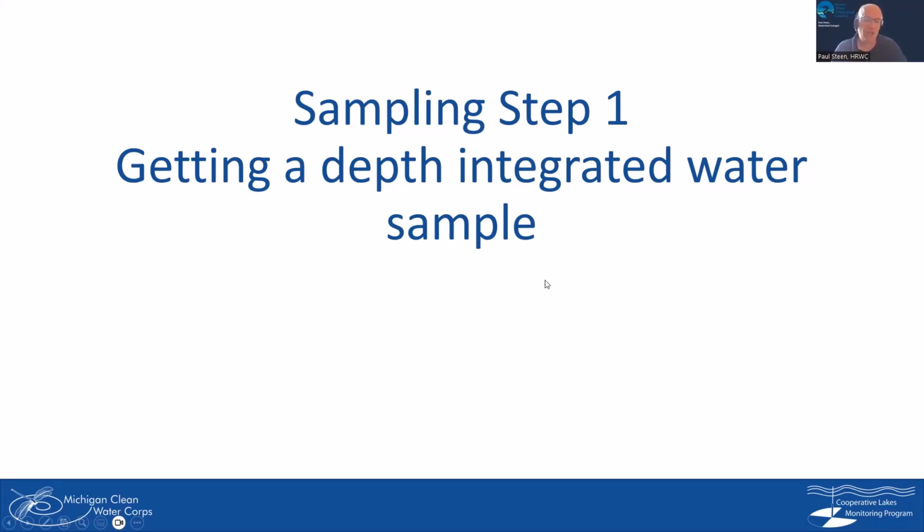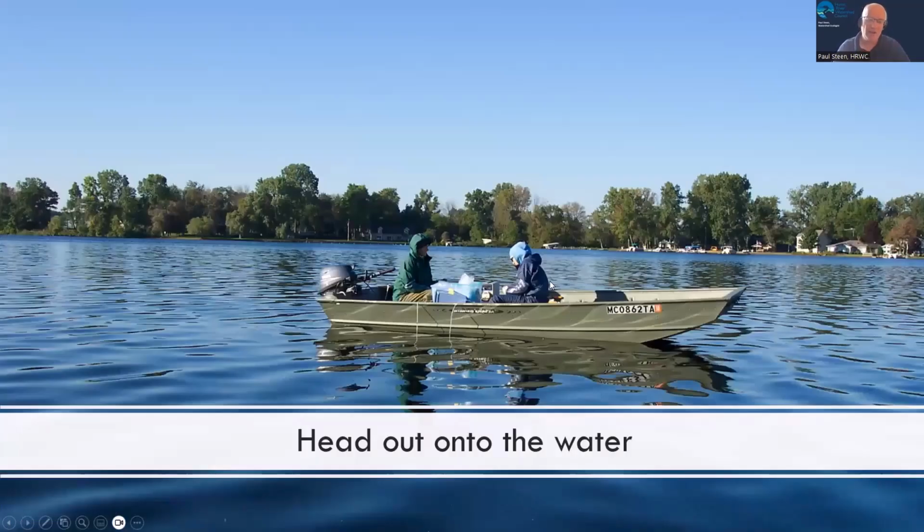Okay, so sampling is step 1, getting a depth integrated water sample. Remember, there's 2 parts to doing chlorophyll, and this is the first. So you're heading out onto the water. Like any of your parameters, what you want to do is anchor upwind and let the current or the wind push you onto that deepest point on your lake.